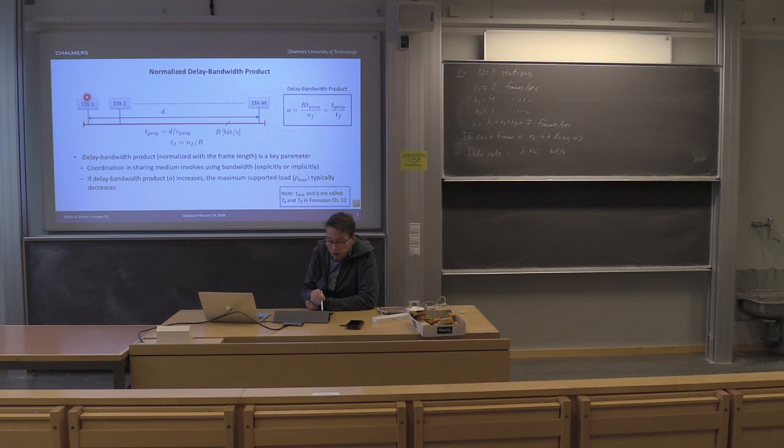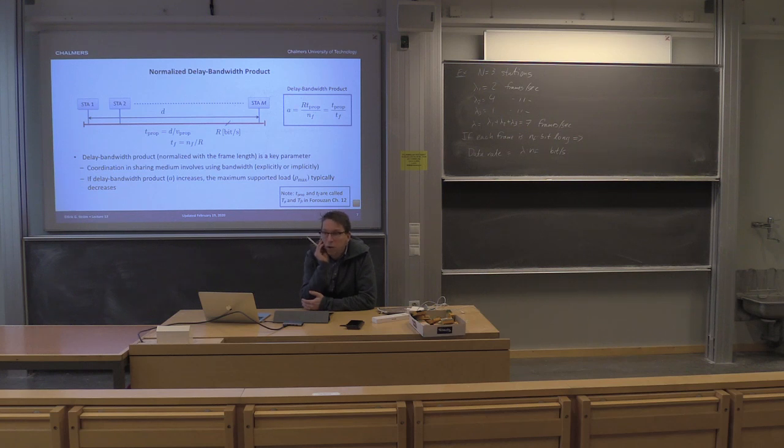Suppose that the distance from the leftmost station to the rightmost station is d meters. Then the time it takes for a signal to propagate from one end of the medium to the other is of course d divided by the propagation speed.